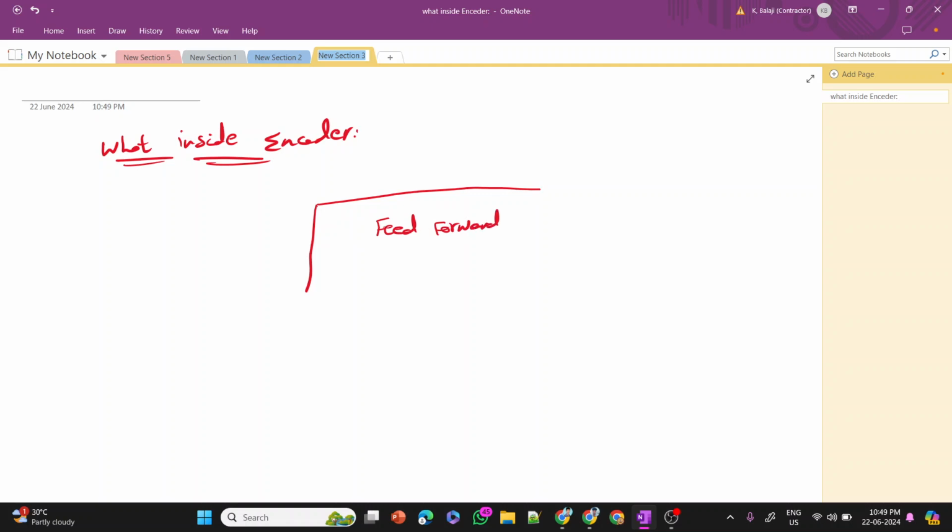We all know about the feed forward network used in neural networks. It is a simple feed forward neural network, and another one is self attention. Self attention will be there.